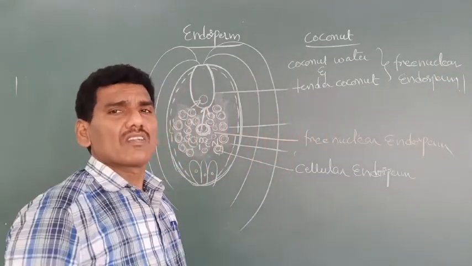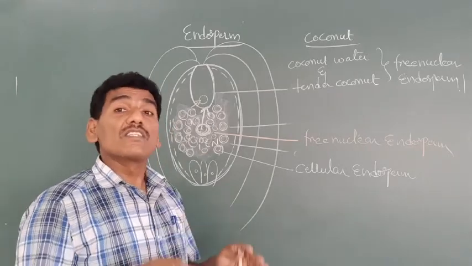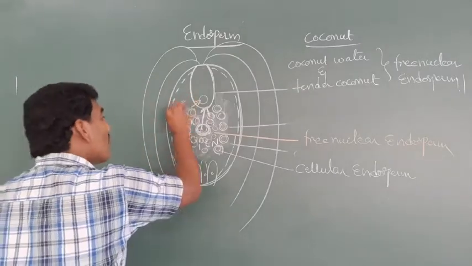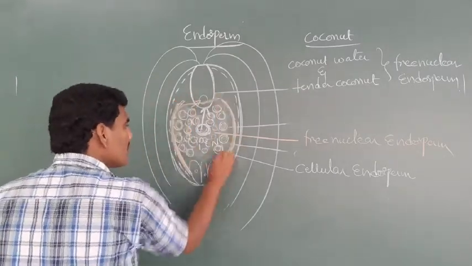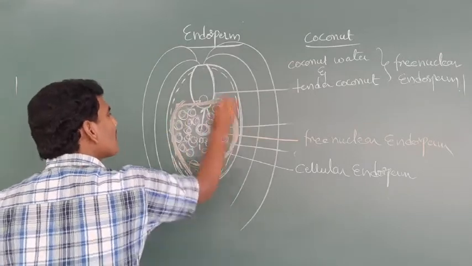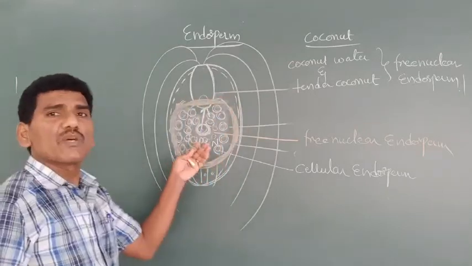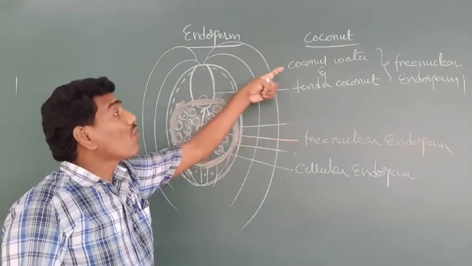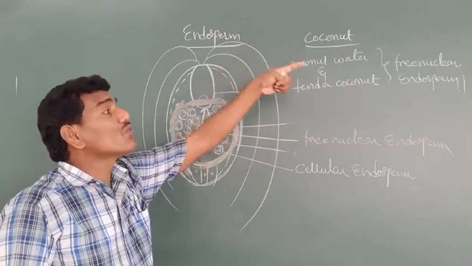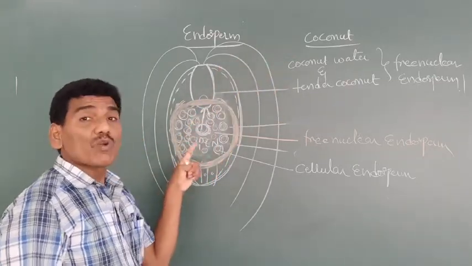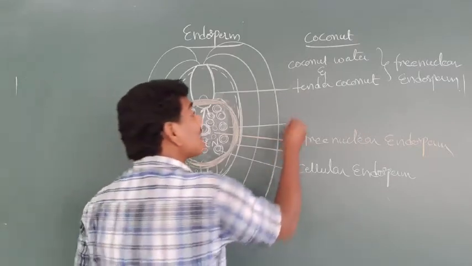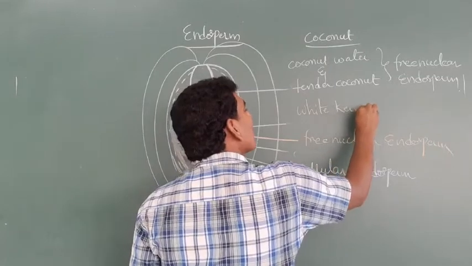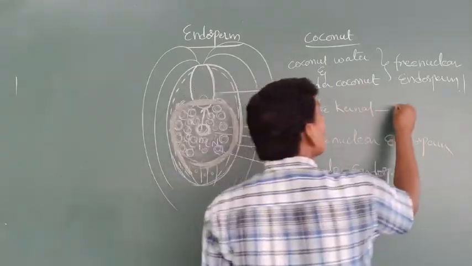Surrounding the coconut, the white kernel is there, and that is cellular endosperm.